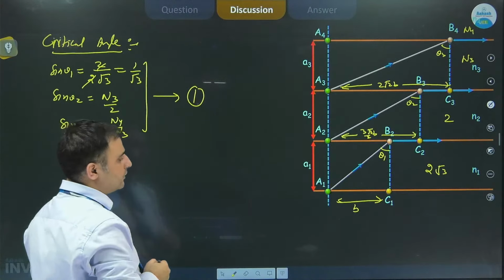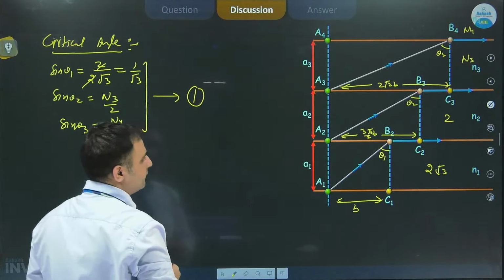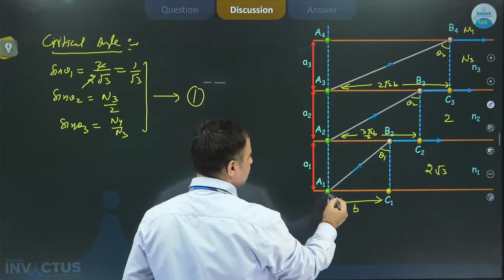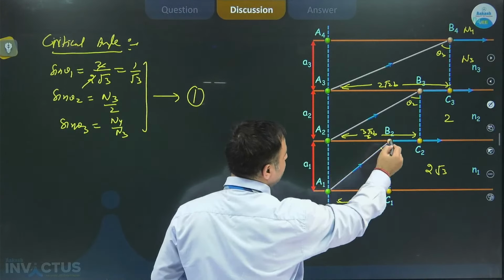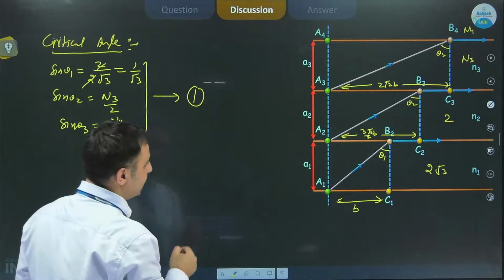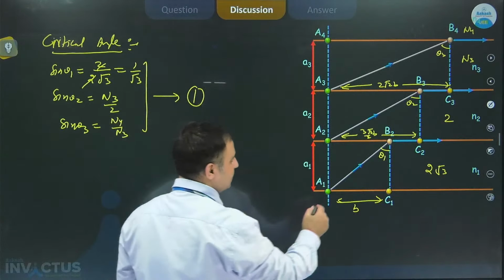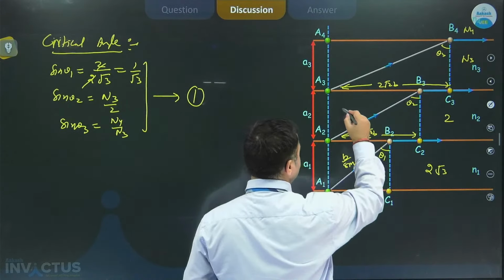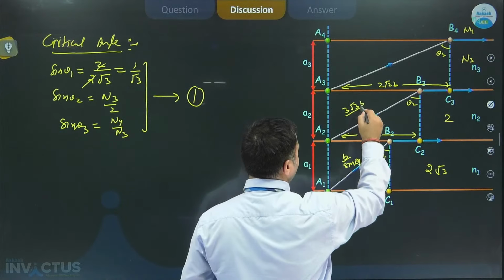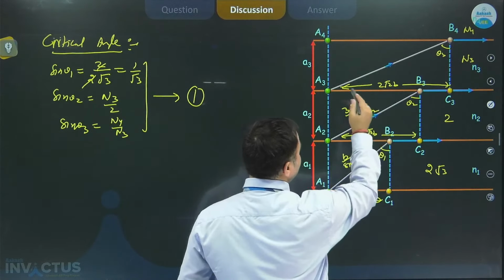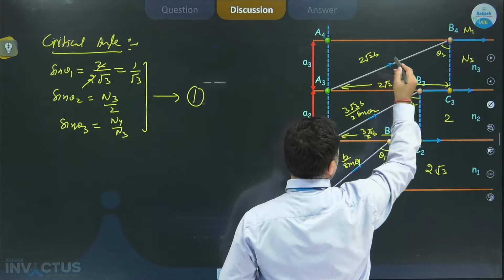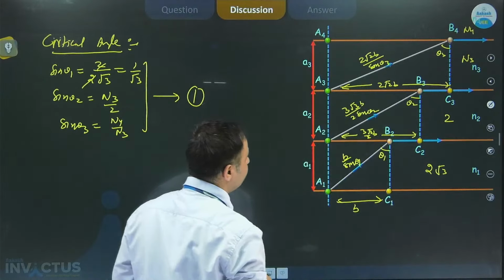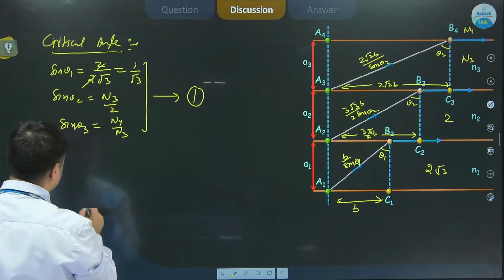Now, for another equation, we have the condition कि जो rays हैं वो A1, A2, A3 से simultaneously start हुई हैं और same time पर वो B2, B3 और B4 पर पहुंची हैं, तो time should be equal. Now this distance is B by sin theta 1, this distance is 3 root 3 B by 2 sin theta 2, and this distance is 2 root 2 B by sin theta 3.